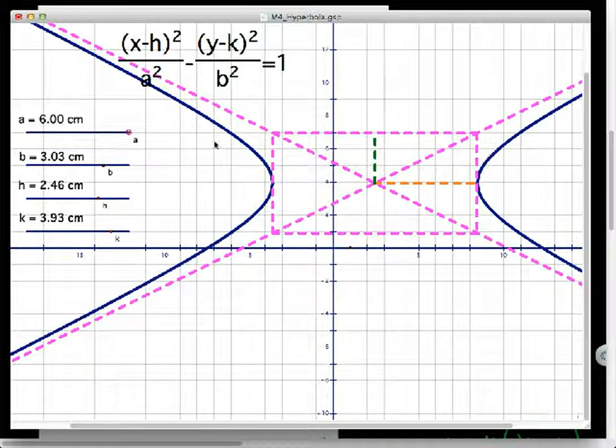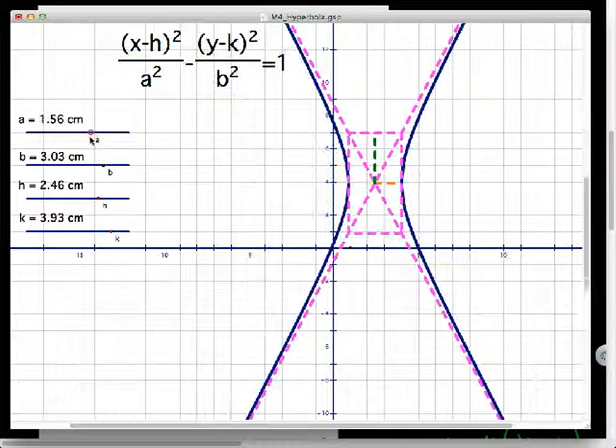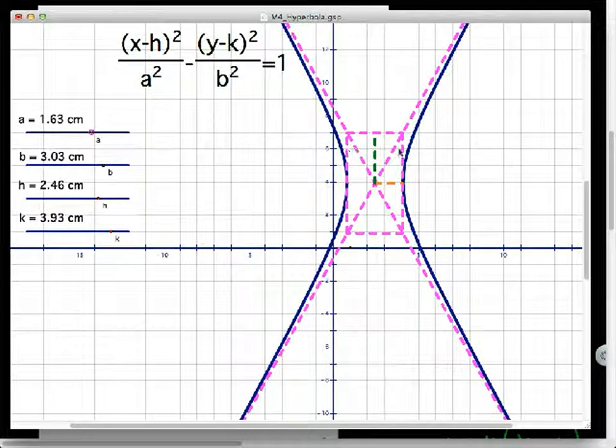In the case of hyperbolas, it's possible to have a hyperbola where this little box is taller than it is wide, even though it's still horizontally oriented, because the orientation was determined by this sign, not the size of these denominators.